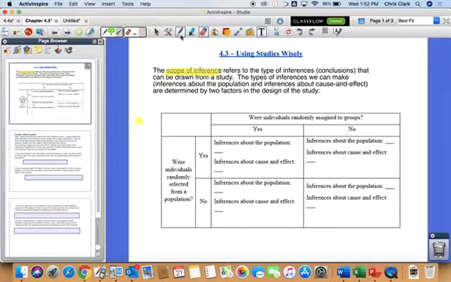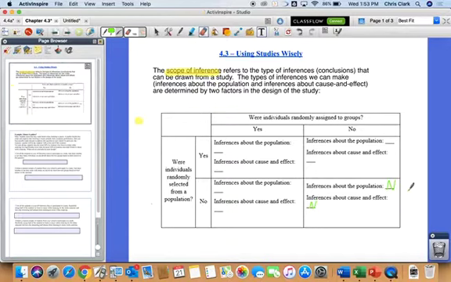So we can make 2 types of inferences: an inference about the population, and an inference about a cause and effect relationship. If I don't do an experiment, I cannot make a cause and effect inference. And since I did not randomly select from the population, I can't make an inference about the population.